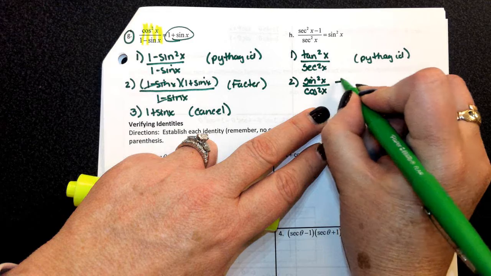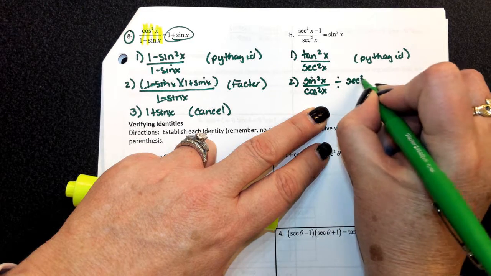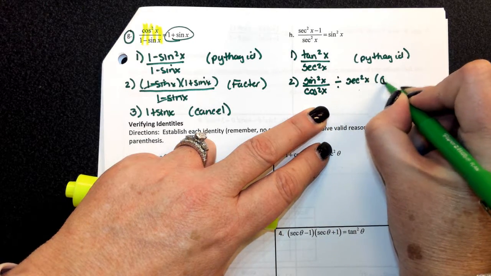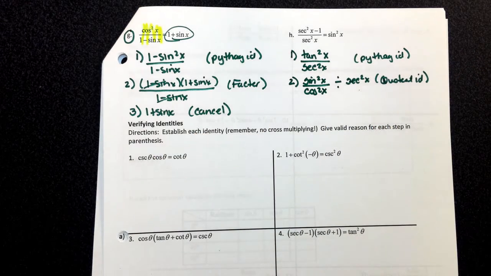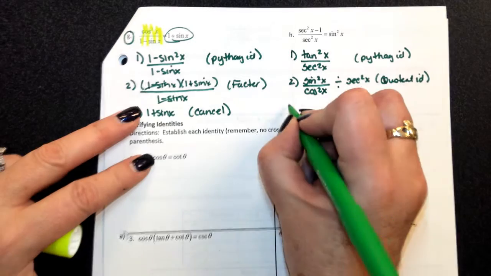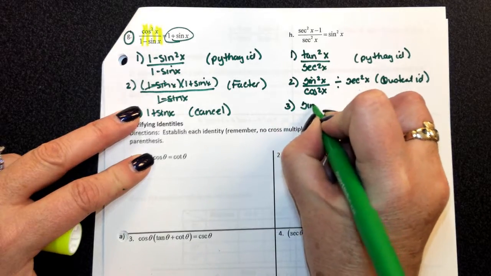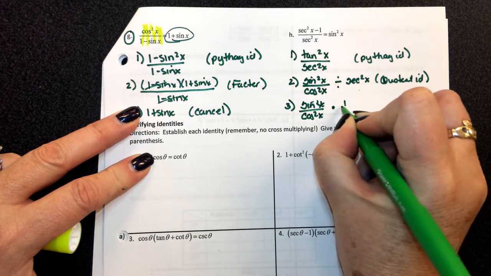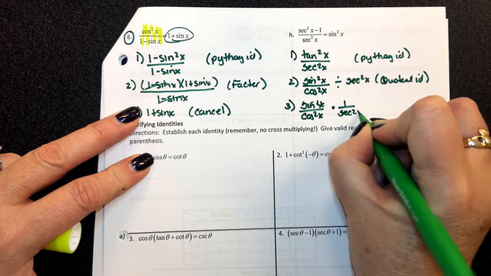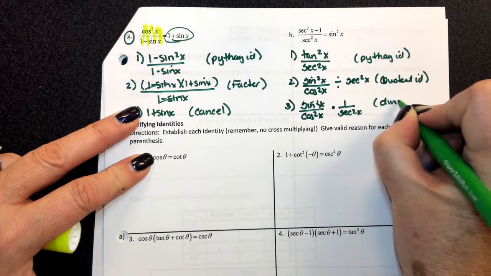And I'm just going to write my division problem out horizontally. How do you divide fractions? Multiply by the reciprocal. And again, I'm just going to write divide.